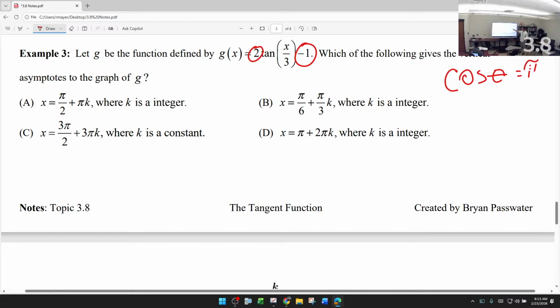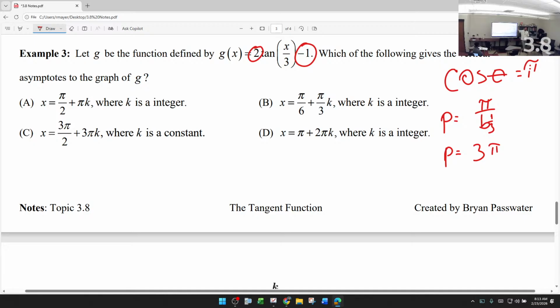So we know that the period is equal to pi over B, right? Period's equal to pi over B, and B is 1/3. When I flip and multiply pi over 1/3, I'm going to get the period to be 3 pi. The period is 3 pi.